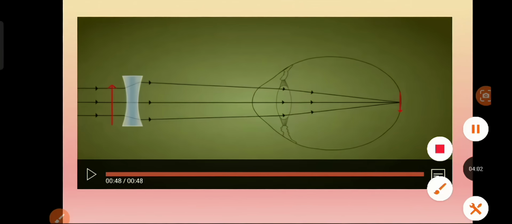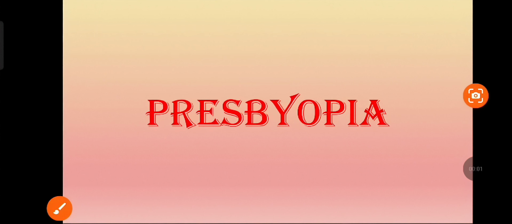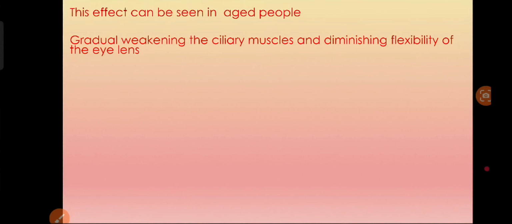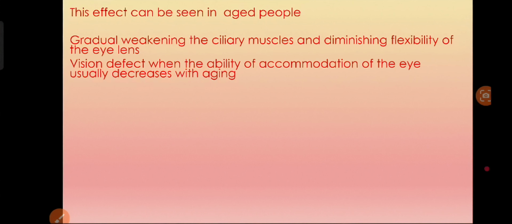Okay. We shall see presbyopia. What is presbyopia? This effect can be seen in aged people because of the gradual weakening of the ciliary muscles and diminishing flexibility of the eye lens. That is, the power of accommodation becomes less because of the gradual weakening of ciliary muscles.